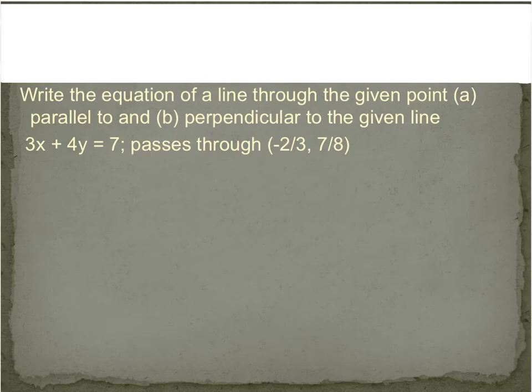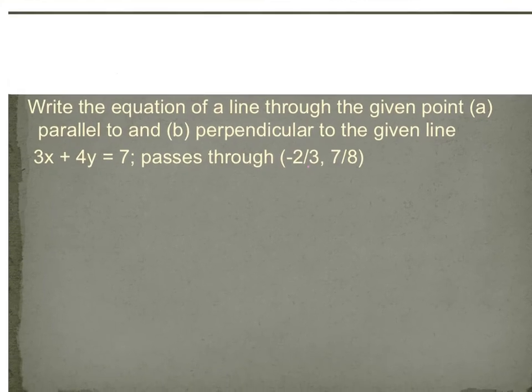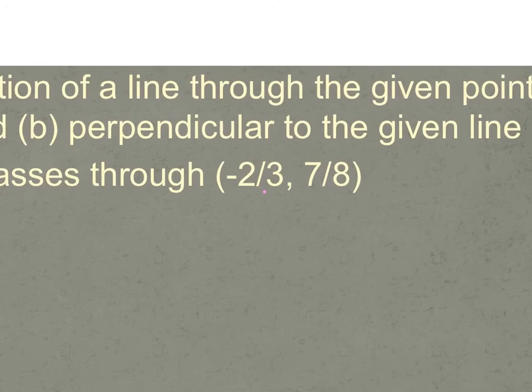All right, write the equation of a line through the given point A parallel to and B perpendicular to the given line. Okay, first thing we're going to do here, I'm going to change these numbers, so I just don't want to deal with fractions, so we're going to make this -2 and 8. So we're changing our x to -2 and our y is 8.